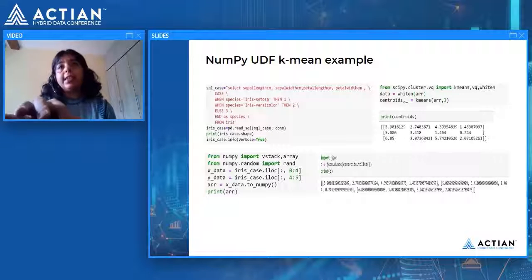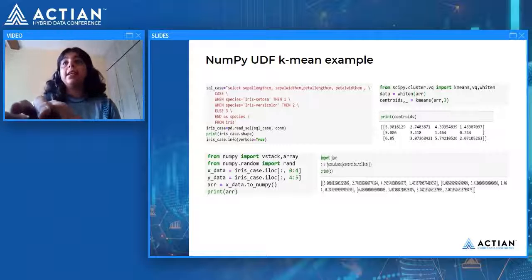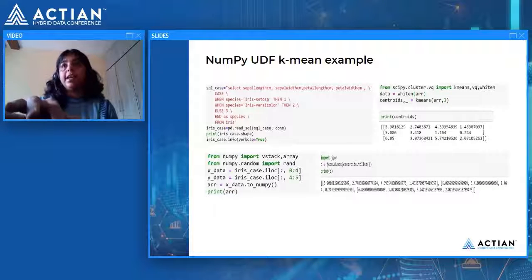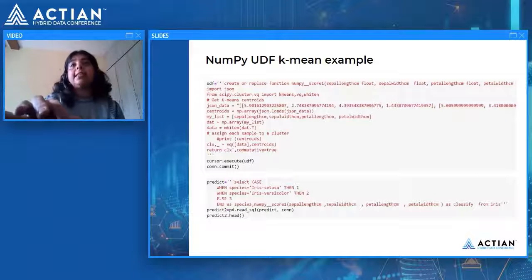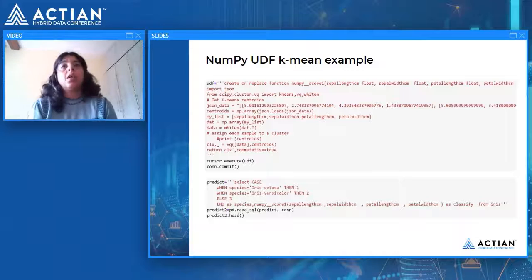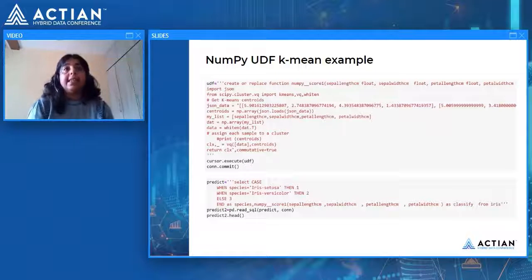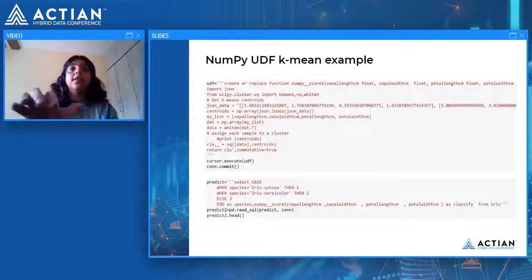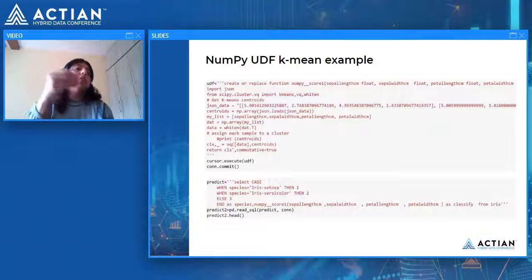So these are the three centroids I'm getting for each of the classes, and I'm dumping the data into a JSON and reading that from a JSON file. So once I have the three clusters, I'm just adding those centroids, reading them from the JSON data, and I'm passing my data and adding it into a NumPy array over here, and then simply checking to what cluster my data point goes.